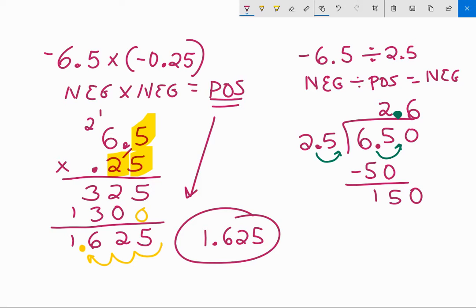You can multiply it out just to make sure, if you don't trust me. 6 times 25 is exactly 150. So 2.6. But before we do the final answer, remember we said a negative divided by a positive is a negative. So the final answer is negative 2.6.